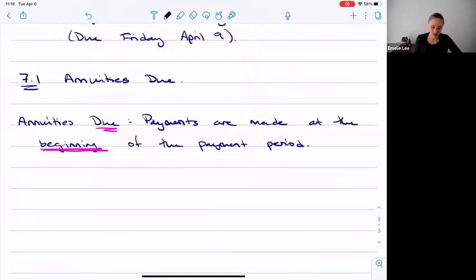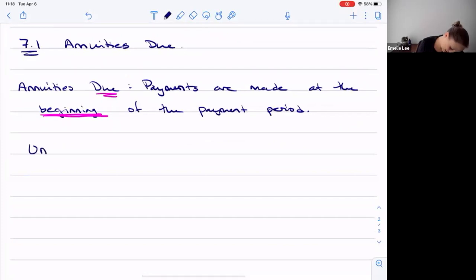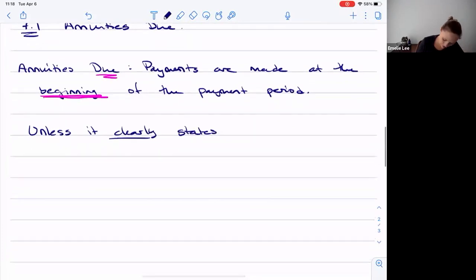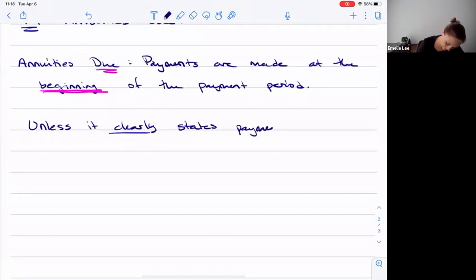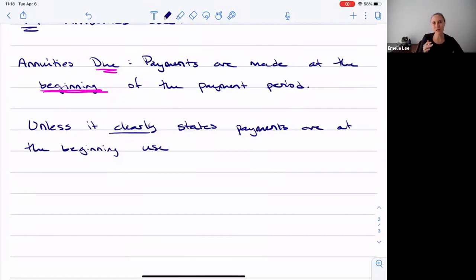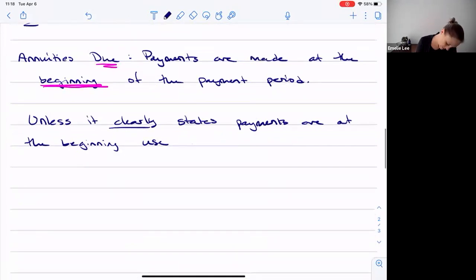So unless it clearly states payments are at the beginning, use regular annuities from chapter 6.